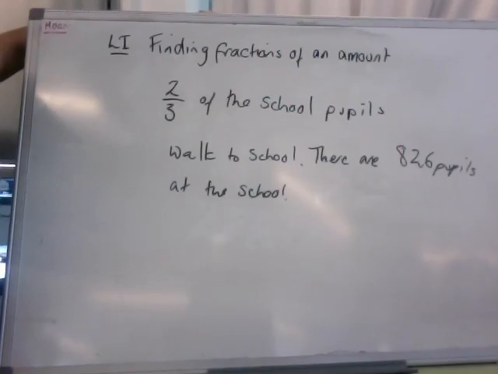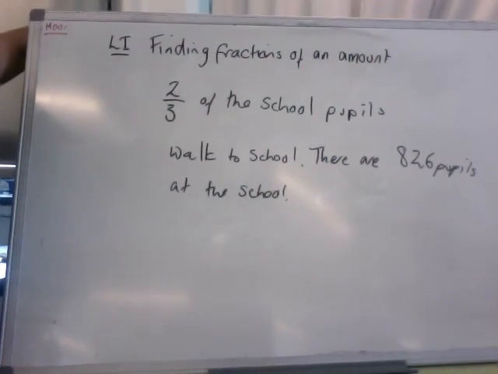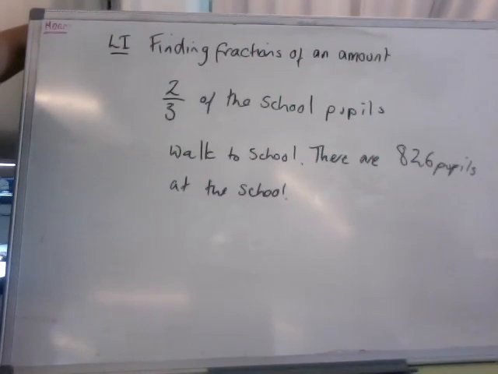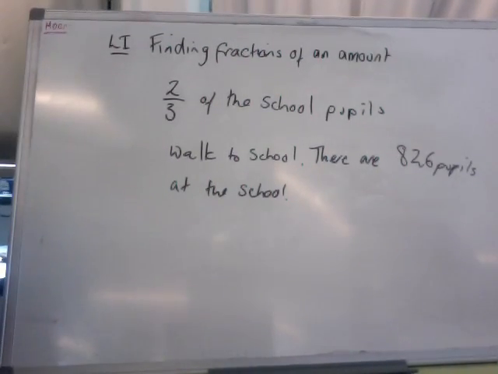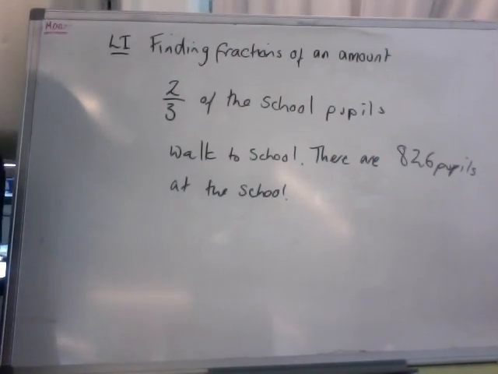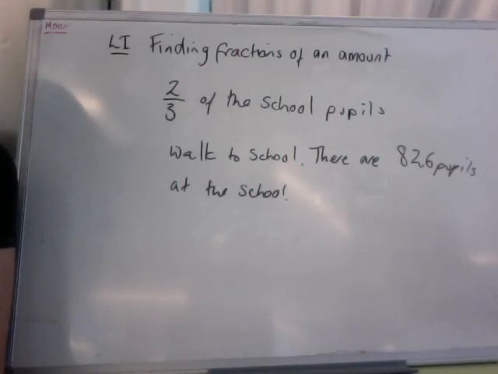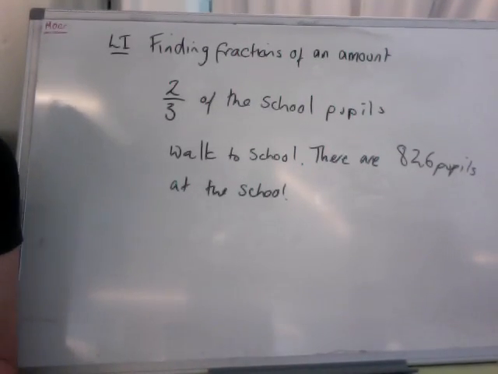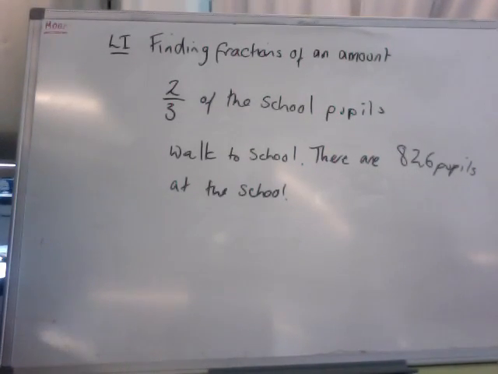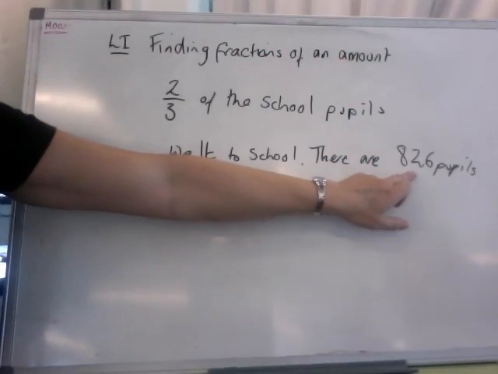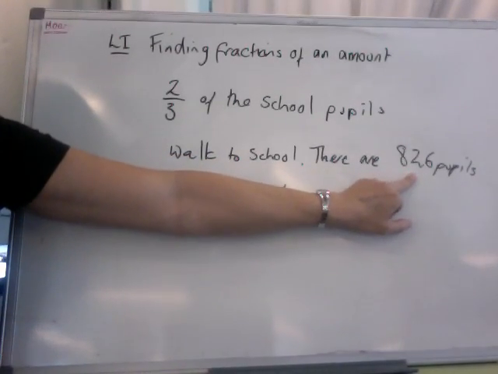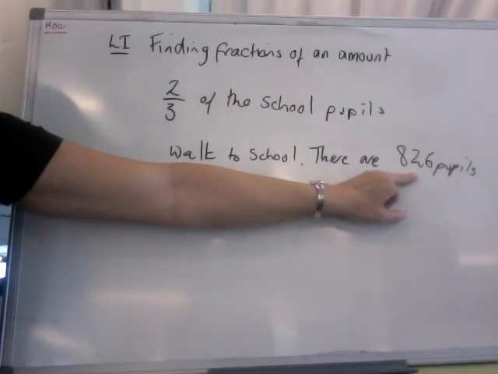What does it mean when it says 2/3 of them actually walk to school? 2 of the 3, sort of. You're on the right sort of tracks. It's the amount of kids that walk. If I was to write 826 as a fraction, what's that going to be equivalent to?